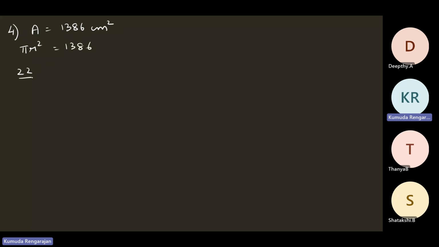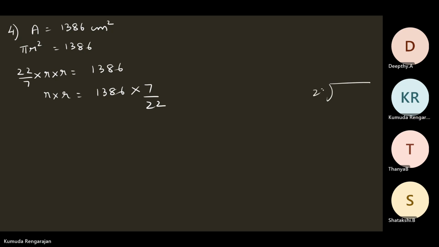That means 22 by 7 into r square, which is r into r, is equal to 1386. So r into r is equal to 1386, and 22 by 7 on the other side will become 7 by 22. Now divide and tell me what is 1386 divided by 22.